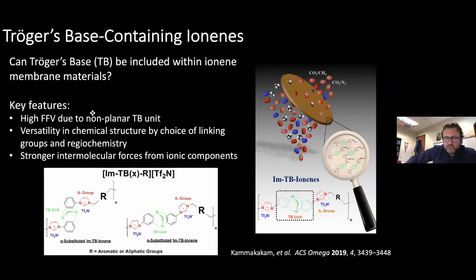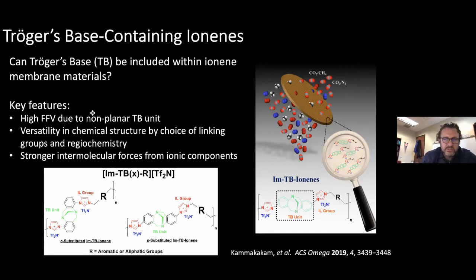So Urshad joined my group also that year, and he had a great interest in working with what's called Tröger's base, which is an 8-membered ring. You can see it here in green. It has been known for quite some time, but in the membrane literature, research groups have been putting this into polymers more and more because of its non-planar shape.